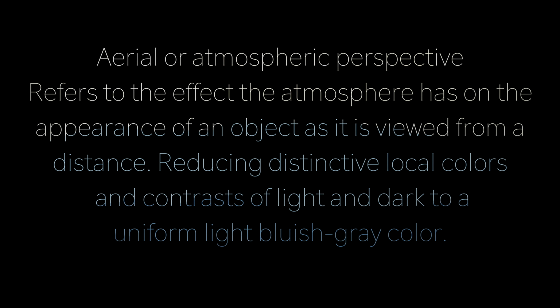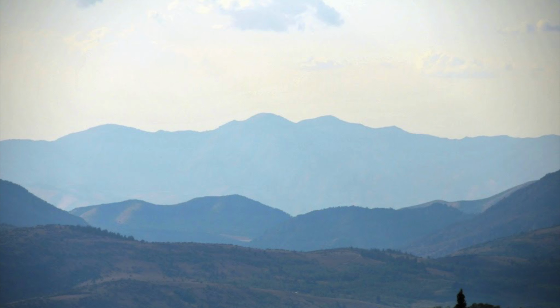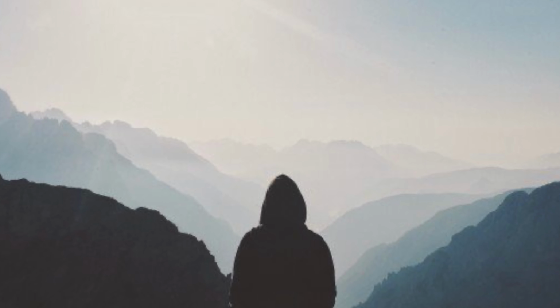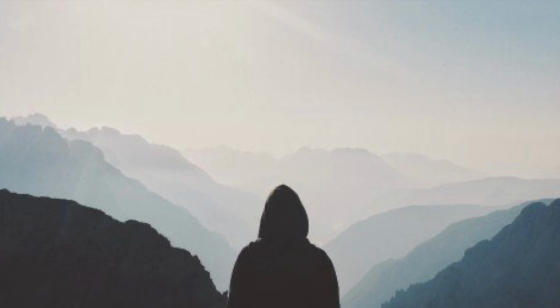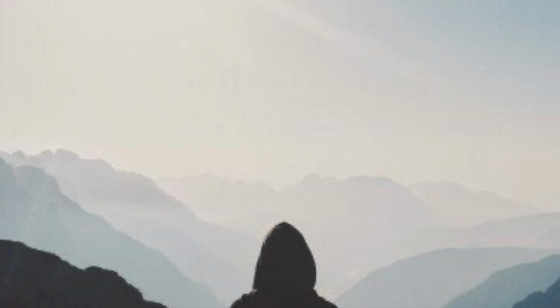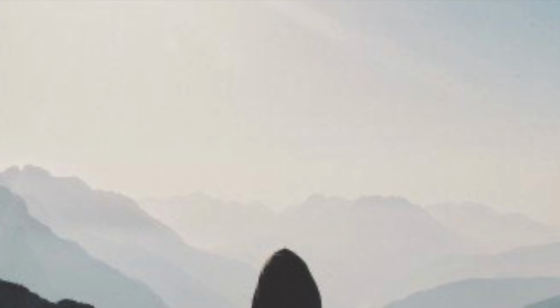Atmospheric or aerial perspective is something that the human eye can see on the Earth's surface. On a clear blue day, if you're standing outside and you're looking directly above you, the sky will be blue. If you shift your vision out towards the horizon, the blue fades to a grayish white. The objects in distance will lose detail and blend within the grayish white.